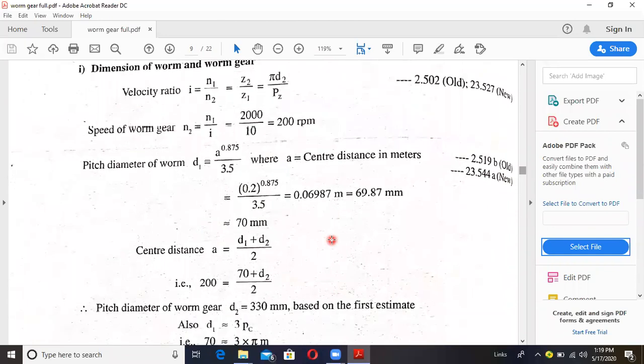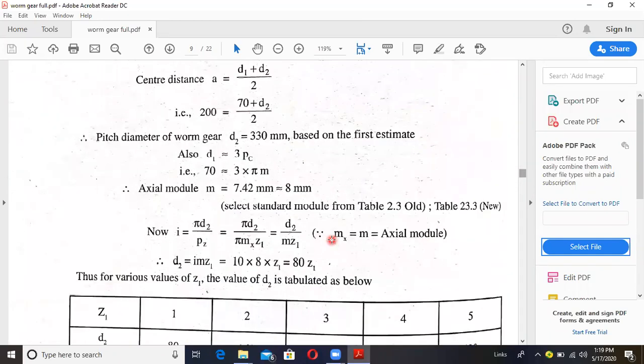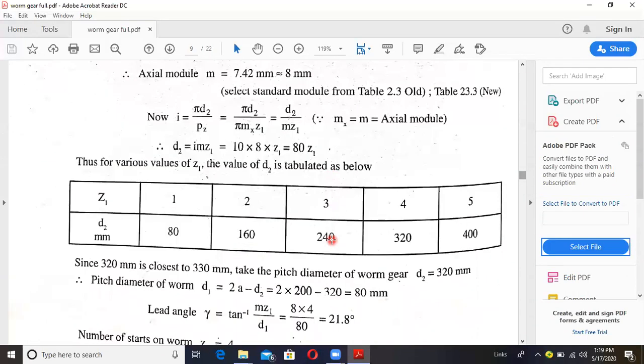So here you have to be careful. First we have to calculate D1 and D2, that is the approximate value. Again we have to take the table. From this table we have to substitute Z1 by taking threads from 1 to 5, and calculate D2.